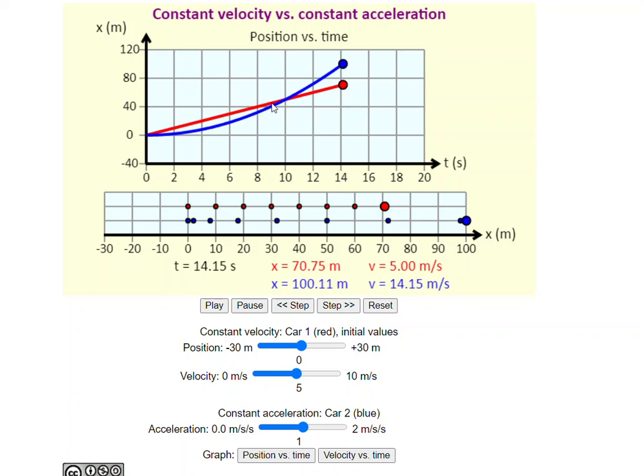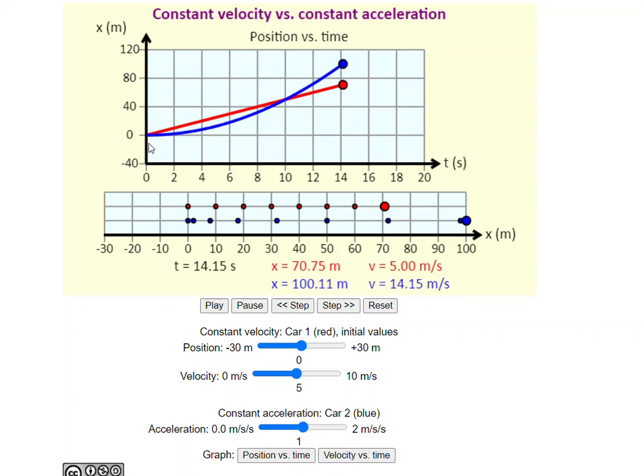So the slope is rising, and it turns out that that is the definition of a parabola. This is a quadratic equation. For an object that's undergoing constant acceleration, that means it's changing its velocity by the same amount every instant in time, the position graph is going to be a parabola.